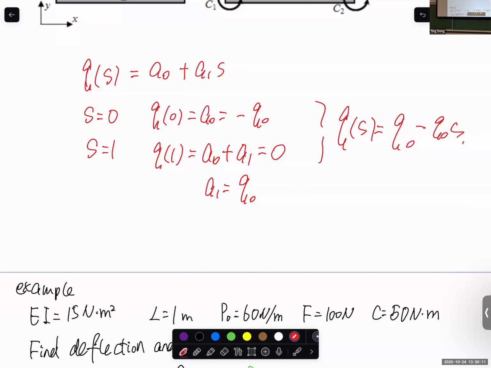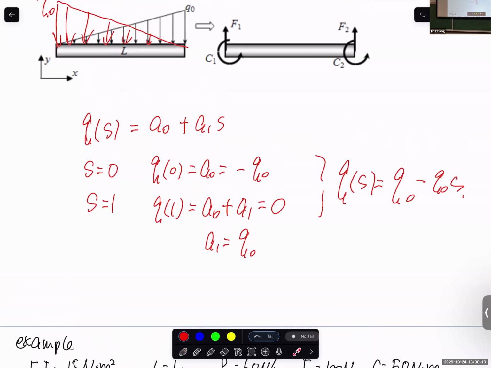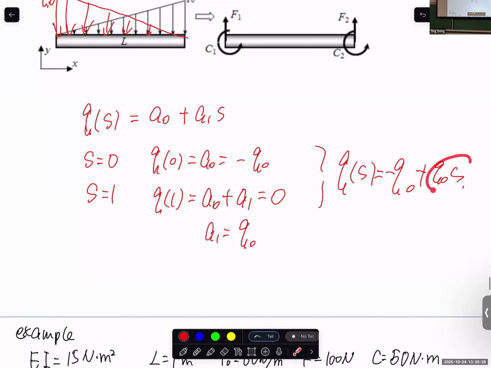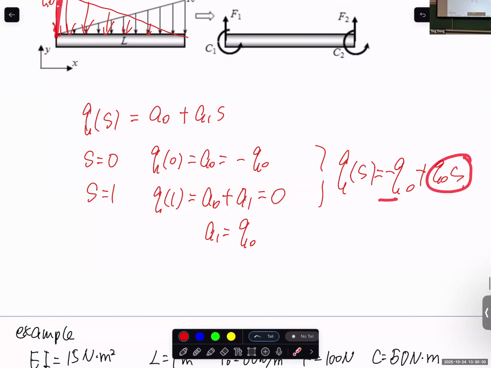But of course, you can always double check. When S equal to 0, negative Q naught. Oh, sorry, I wrote it wrong. Should be negative. When S equal to 0 it is negative Q naught here. When S equal to 1, it equals 0, right? So it doesn't really matter.